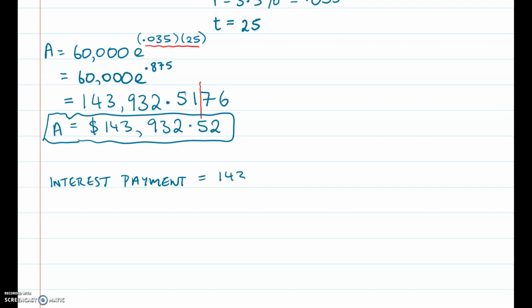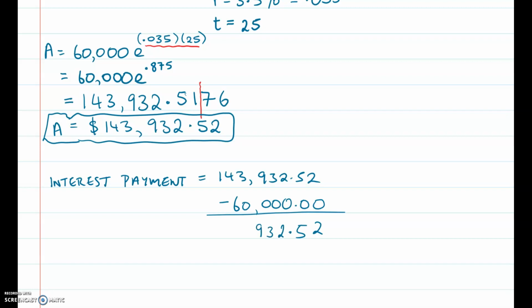So it's 143,932.52 minus 60,000. And that's going to give us $83,932.52 in interest on a loan of 60,000.